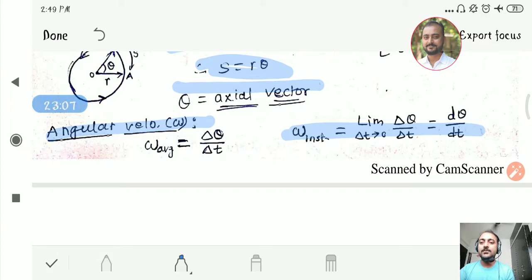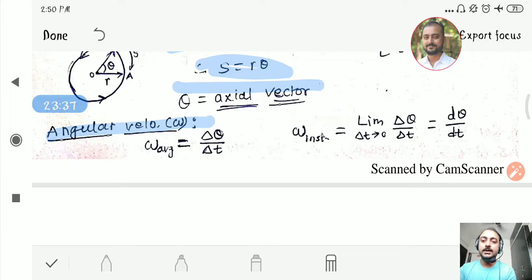When a particle is performing a circular path, the average value of angular velocity means what? When it starts from this particular point to after 10 seconds, 20 seconds, etc. But instantaneous value means the value of angular velocity at 3 seconds, at 5 seconds, that is called the instantaneous value.